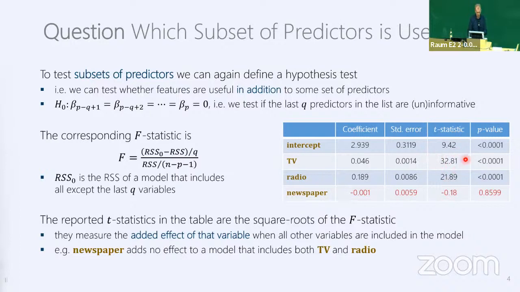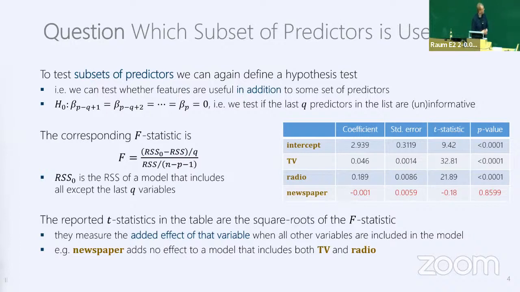We always want an intercept. This one, for example, is the contribution of TV versus the model that already includes radio and newspaper, and so on and so forth. We could also have done it more exhaustively. If we had more variables, you could have had these two versus these three and so on. But it's a simple example.